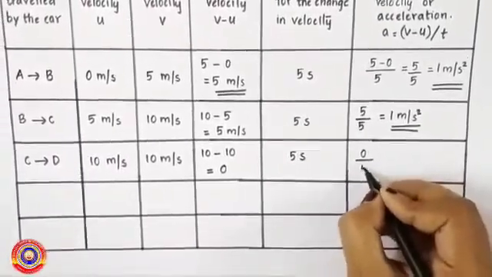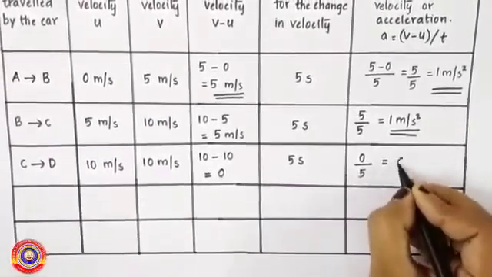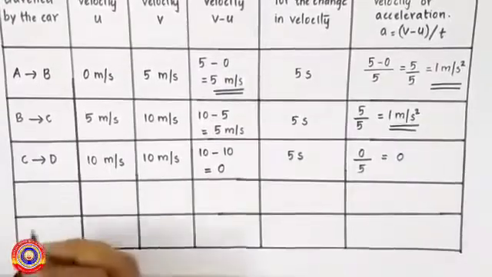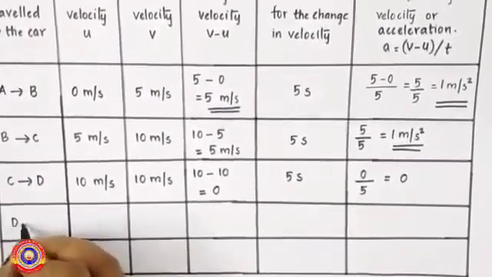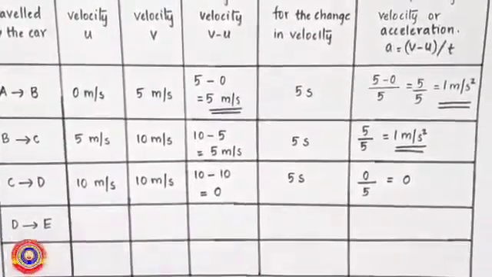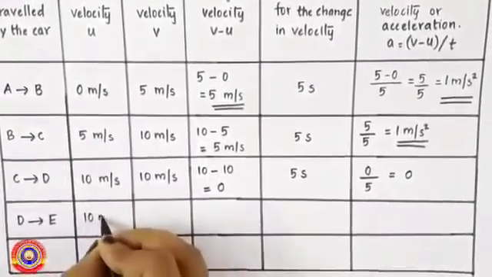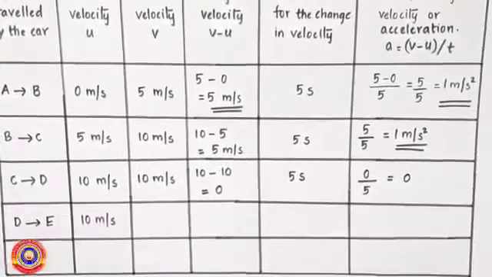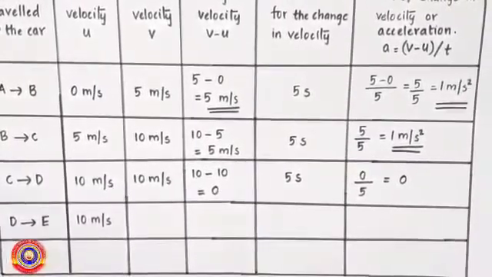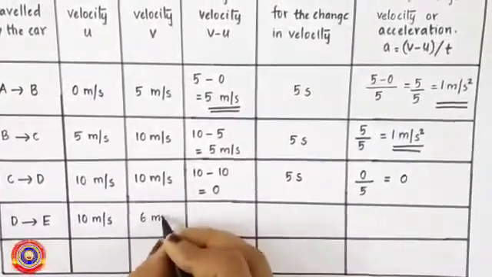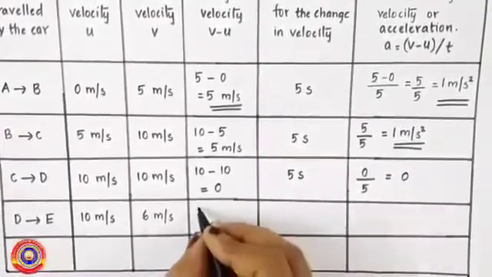And the next one, D to E. The initial velocity is 10 meter per second, which is the velocity at D. And the final velocity is 6 meter per second. The change in velocity is 6 minus 10, final velocity minus initial velocity.